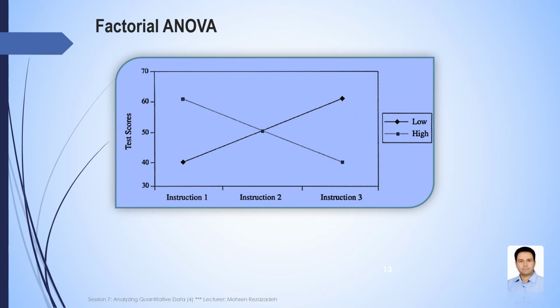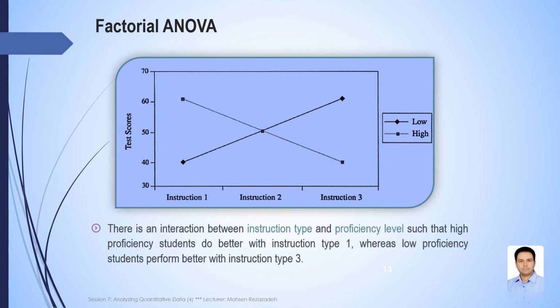Rather, there is an interaction between instruction type and proficiency level, such that the high proficiency students do better with instruction type 1, whereas low proficiency students perform better with instruction type 3.